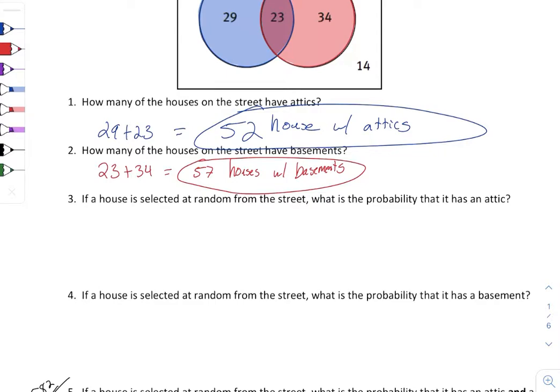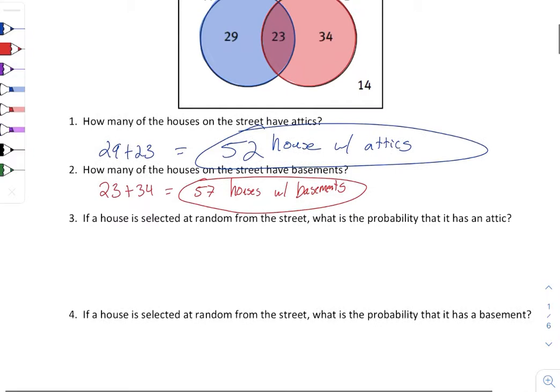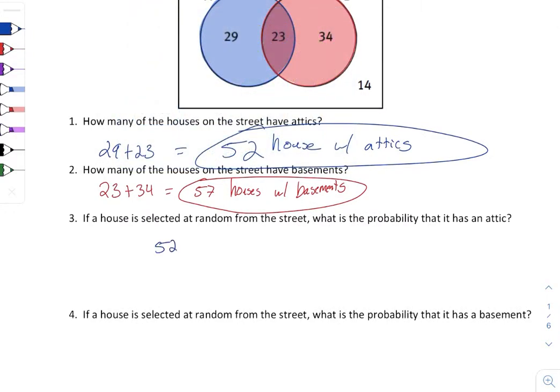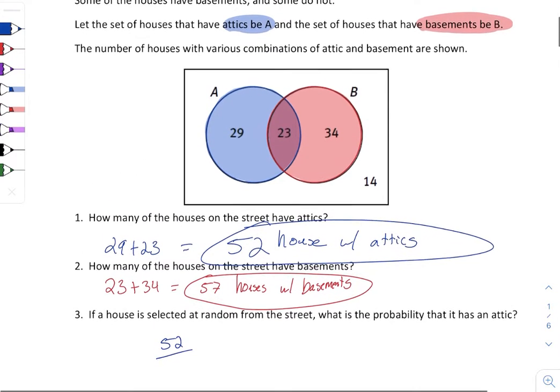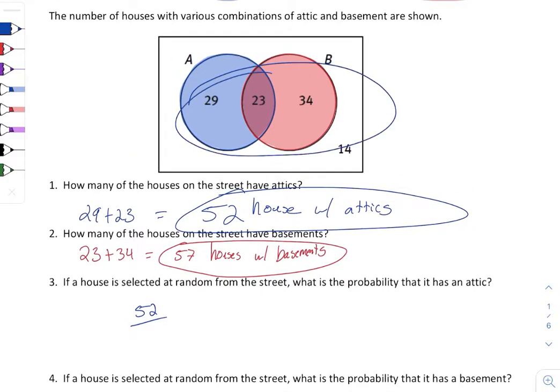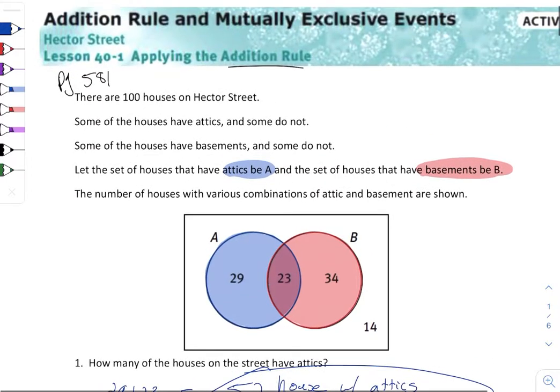If a house is selected at random from the street, what is the probability that it has an attic? We already know that there are 52 houses with an attic. So we need to divide that by the total number of houses. If you didn't know that, you could add all the numbers together, the 29, 23, 34, and 14. But it did tell you in the beginning that it's 100 houses.